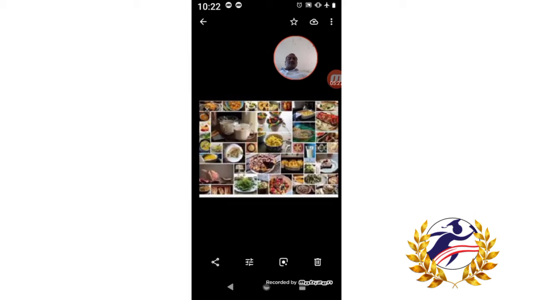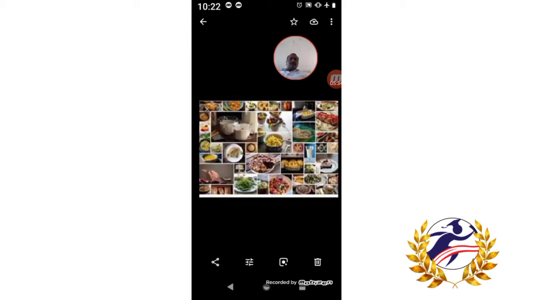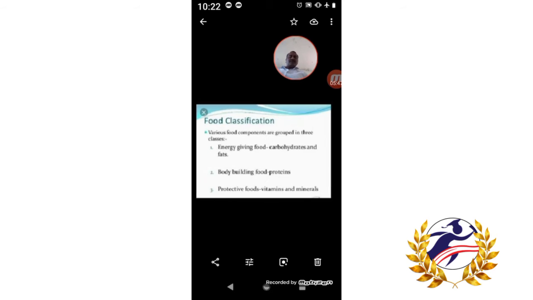You can see the pictures, the various kinds or sources of food. They give various types of constituents or nutrients, we can say.